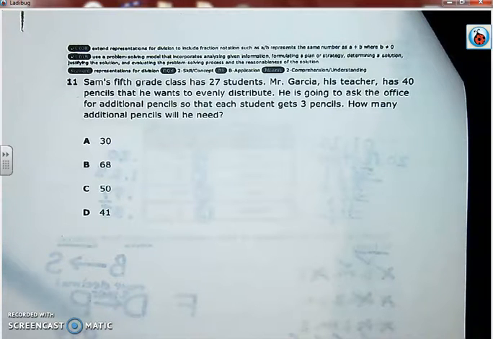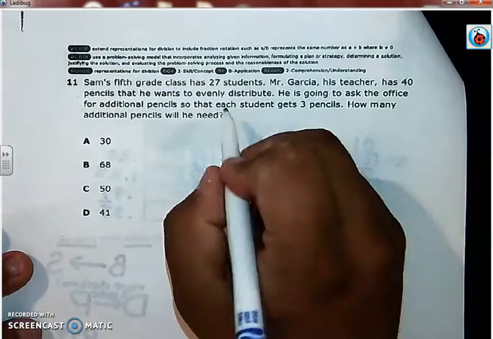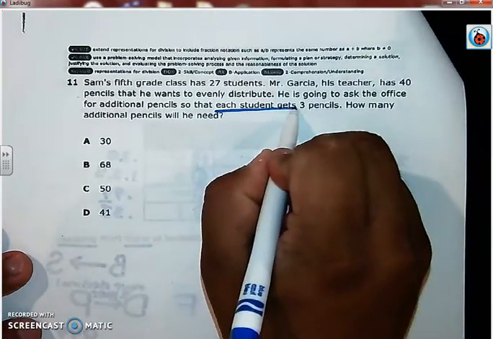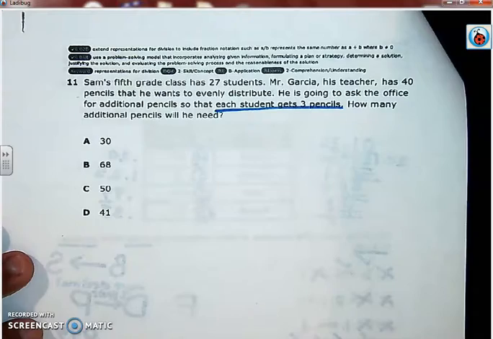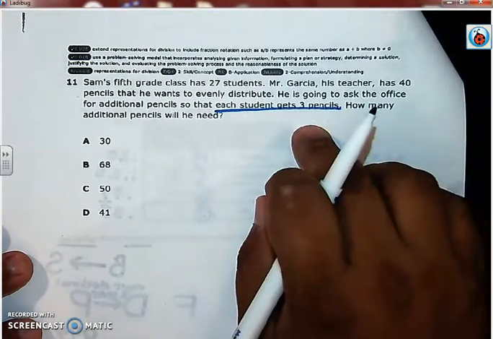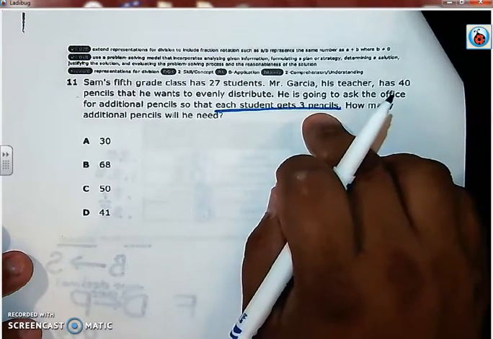So there are several ways that you can do this one, but I would say first, let's start by figuring out how many total pencils Mr. Garcia is going to need so that each student gets 3 pencils. That's his goal. He wants each student to get 3 pencils.